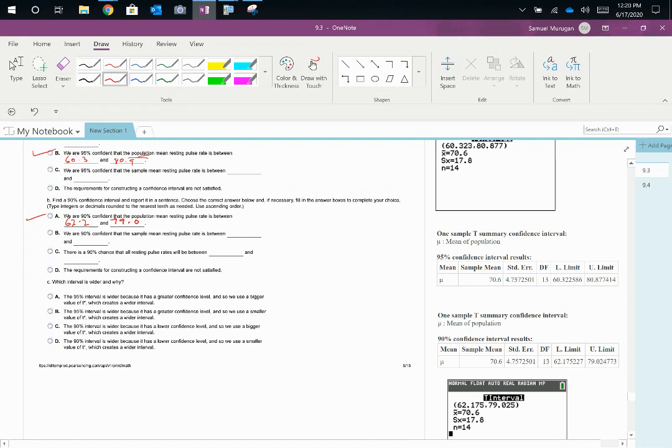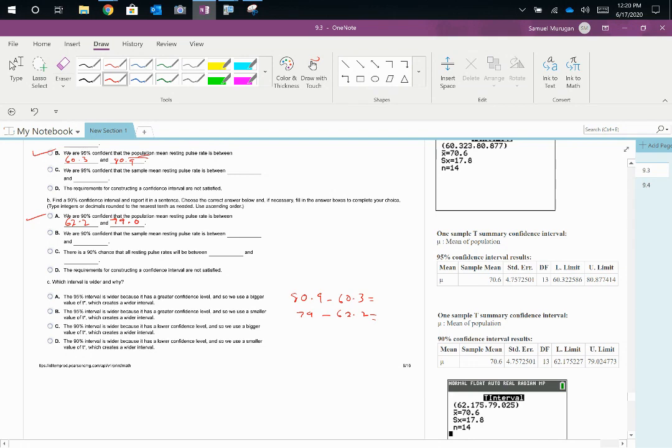Now, which interval is wider? So let's subtract here. We've got 80.9 minus 60.3 and 79 minus 62.2. Subtract the two just to see which one is wider.